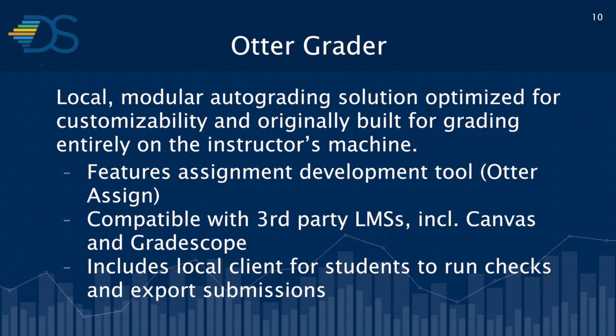This is a use case that's designed for smaller classes of 30 to 50 students, where the instructor can collect assignments on their own platform or in whatever way they see fit, and then just run Otter on their laptop or their machine to just execute the student's code and assign a grade. So it's a completely local, containerized autograding solution.